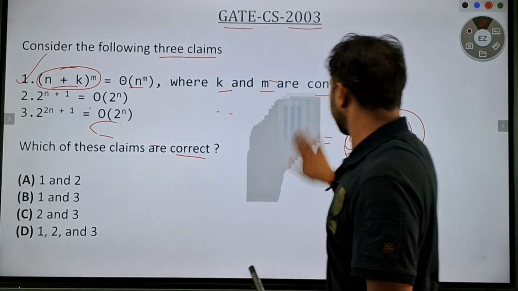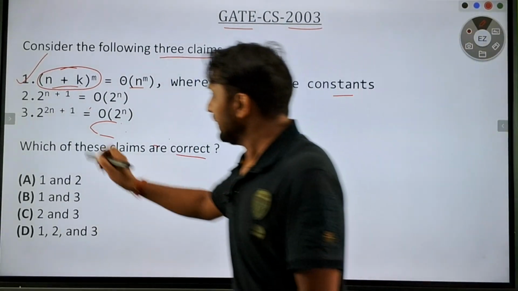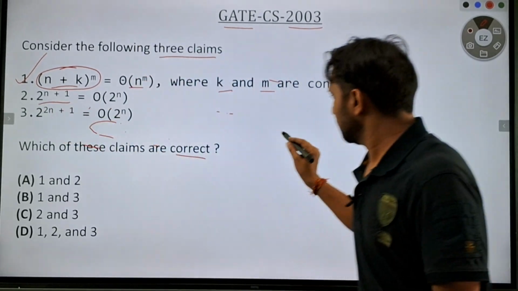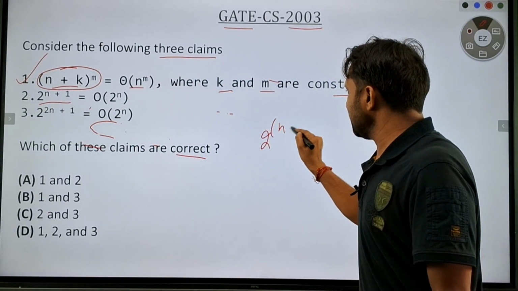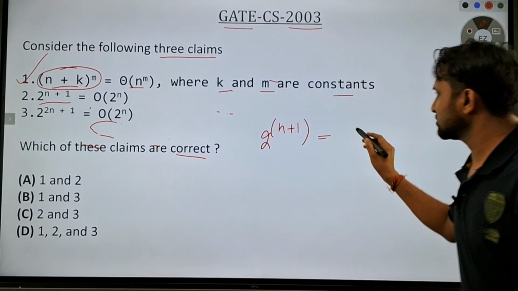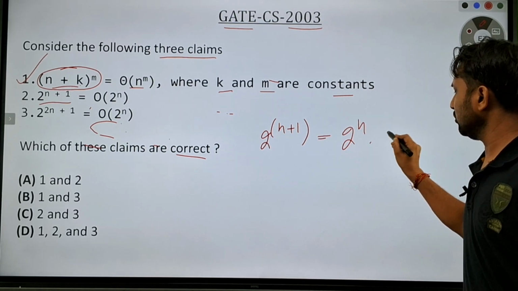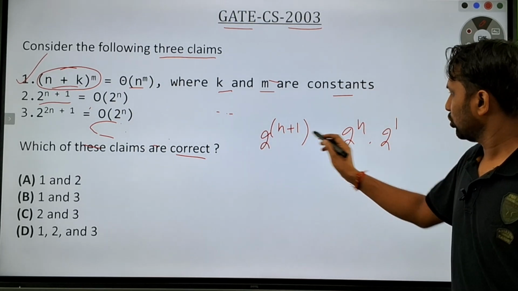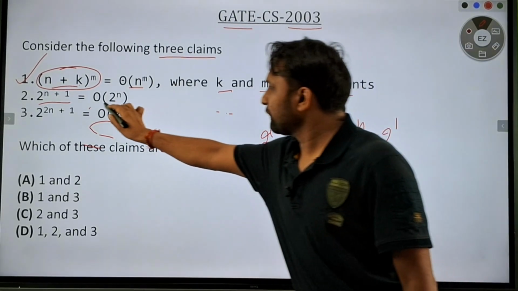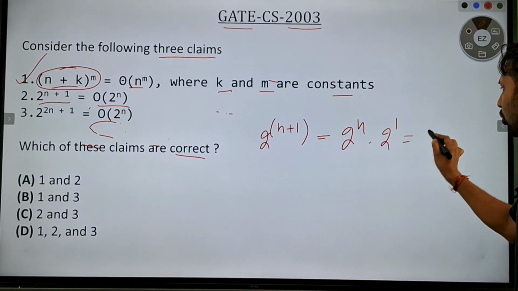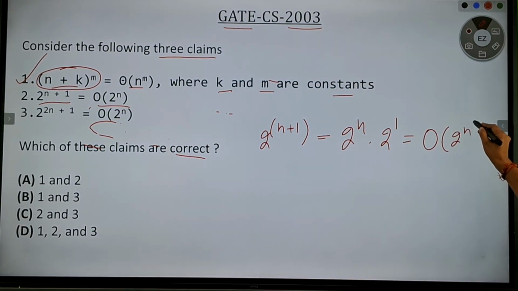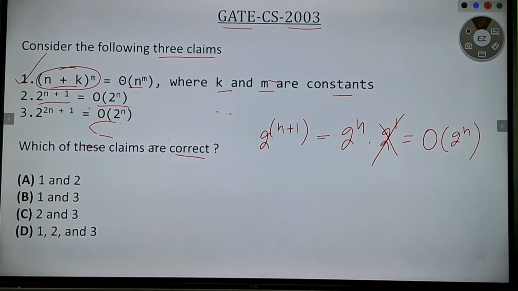Let me check out the second claim now. Let me write this. 2 power n plus 1 is the same as 2 power n into 2 power 1. Now we need to compare it with big O of 2 power n. Remove the constant and check. Big O says that the right hand side will be either greater than or equal to.